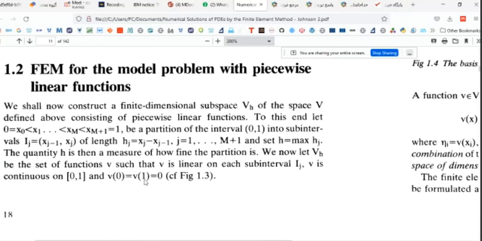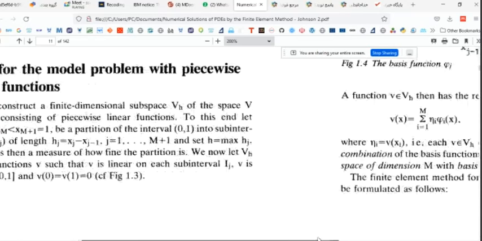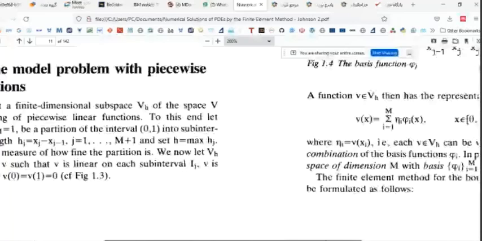So V_h is a set of functions such that v is linear and continuous. So v is piecewise continuous, and v prime is piecewise continuous on the same intervals.